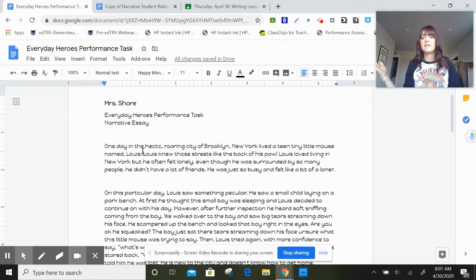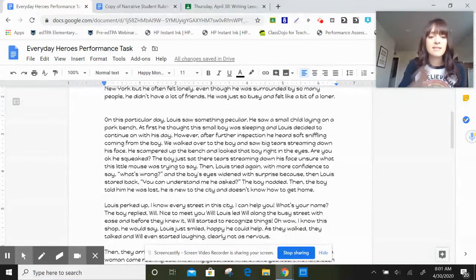It's a residence, so it doesn't have an actual mouth to go roar. But if I'm saying that the city is roaring, I'm saying that the city is loud like a roar would be. So that's personification, which means I added some figurative language just then, and it was so easy, just adding the word roaring instead of busy, right? One day in the hectic, roaring city of Brooklyn, and we could add lots of examples of that here.